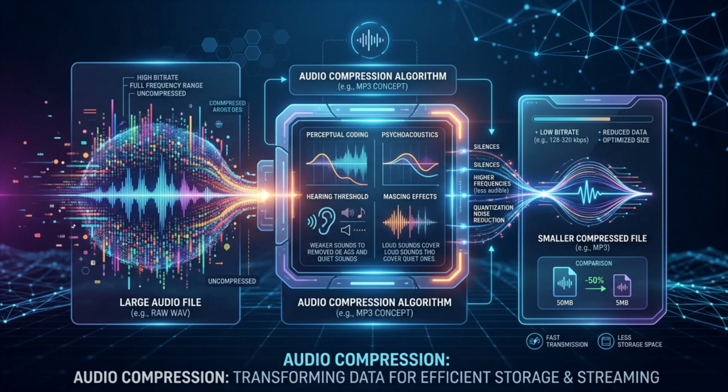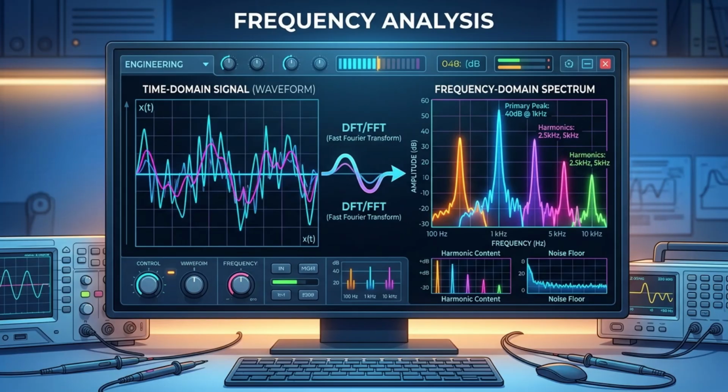DSP is also used for signal analysis. For example, engineers can determine the frequencies contained in a signal using mathematical tools such as the Fourier transform. DSP can also detect patterns, estimate signal quality, remove interference, and recover transmitted information.